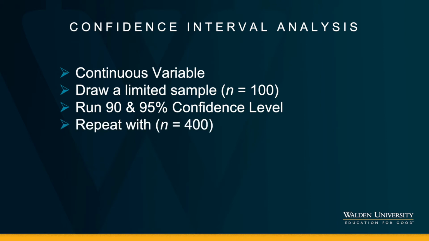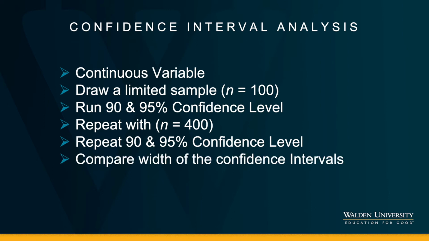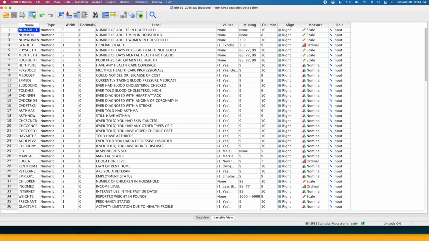We repeat that with a sample of 400, run both again, and then we will compare the width of the confidence interval for our interpretation. With that, let's move to SPSS and actually run this with a couple of examples. This is the same data set that I've used before. It's the CDC data set.